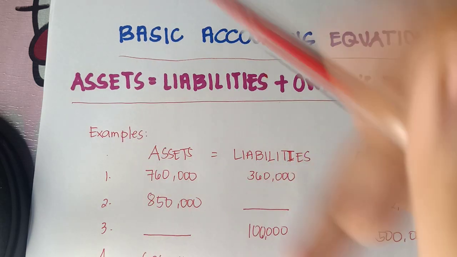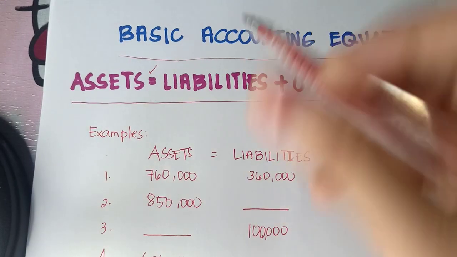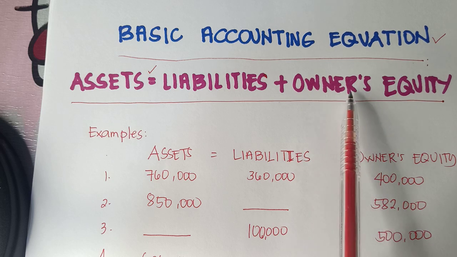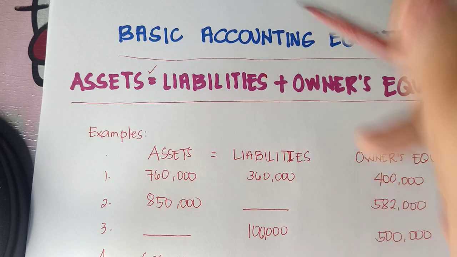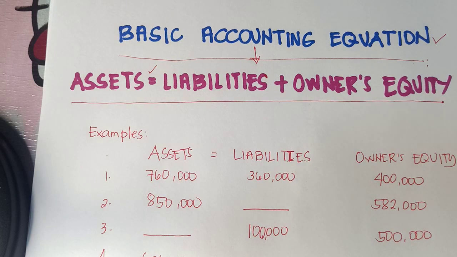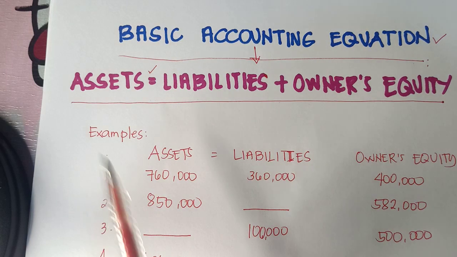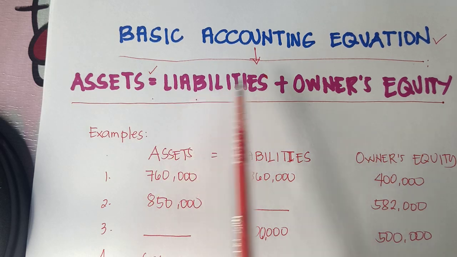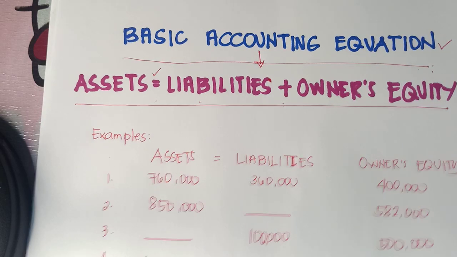Assets should be balanced to liabilities and owner's equity. That is why the basic accounting equation is, let's repeat it so we don't forget, assets is equal to liabilities plus owner's equity.